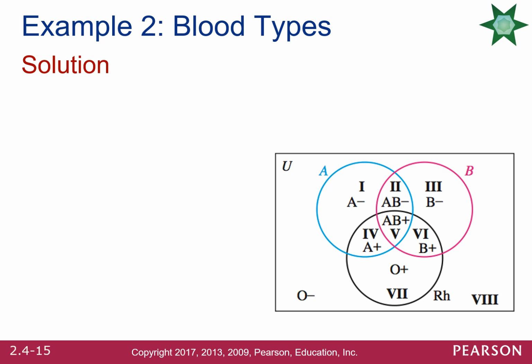So what I'm going to do to go over this Venn diagram is first list the universal set of blood groups. Then we will pick the elements from the universal set to make sure that they have been placed in the right regions.